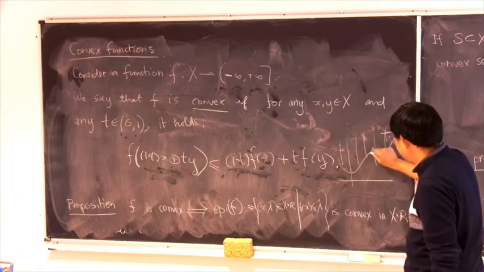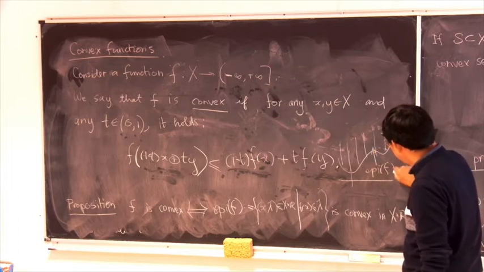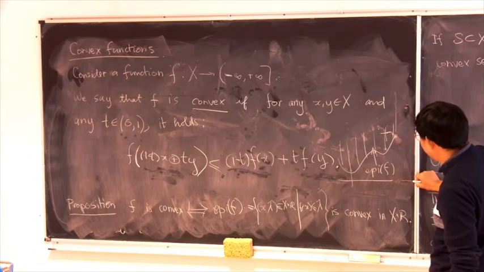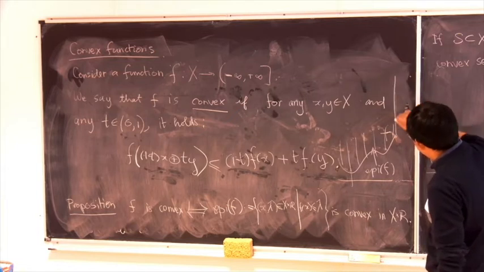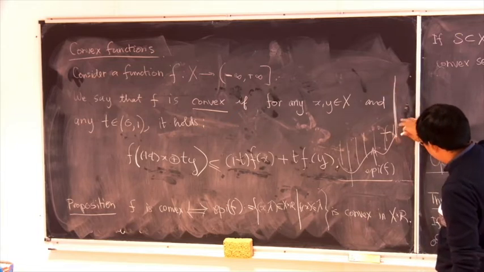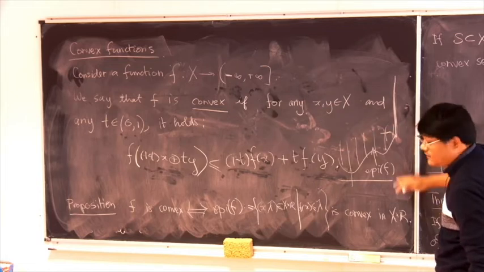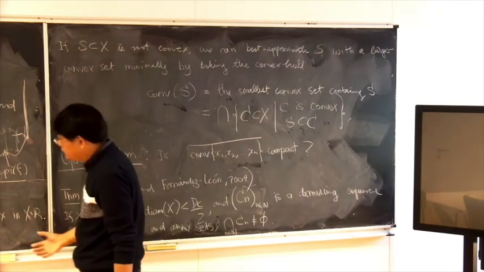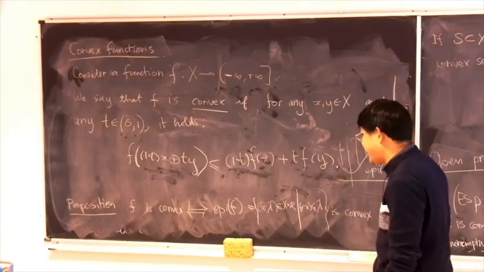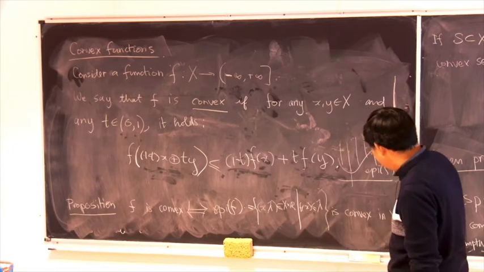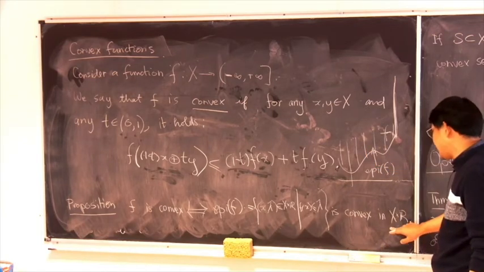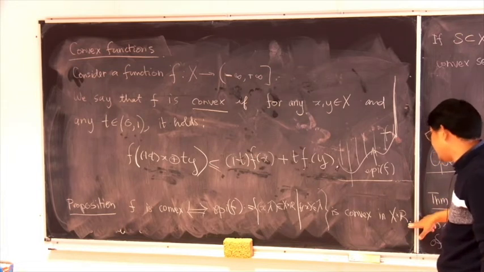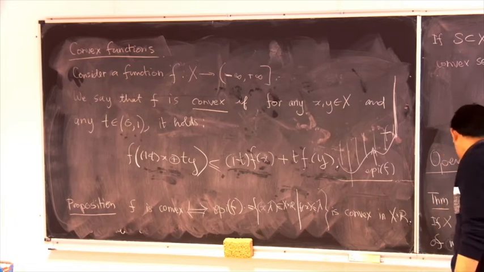If from this point on, f takes the value of plus infinity, then the epigraph just ends here. There's nothing here that is considered as an epigraph. So this epigraph has to be a convex set in this product space. X is a CAT(kappa) space. R is the real line, CAT(0). So the product is a CAT(kappa) space.